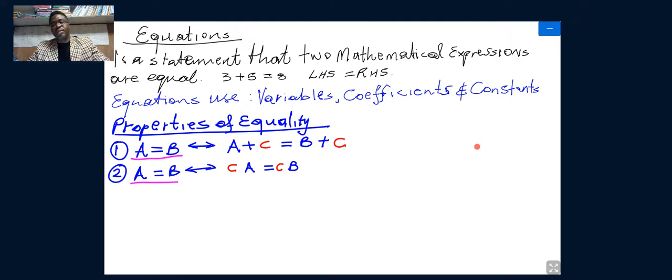Equations use three things, just like we have discussed in algebraic expressions. In algebraic expressions, we explained that expressions use a variable.